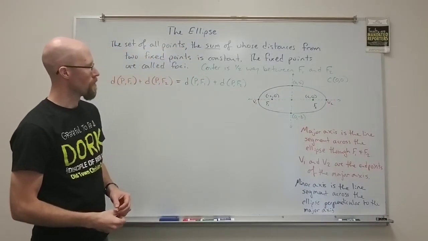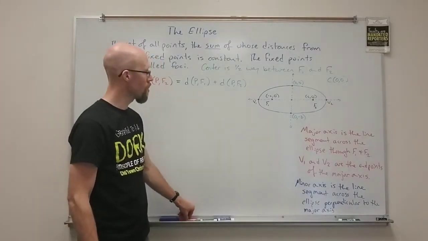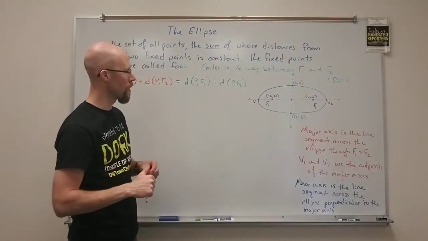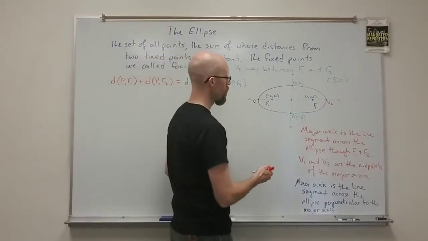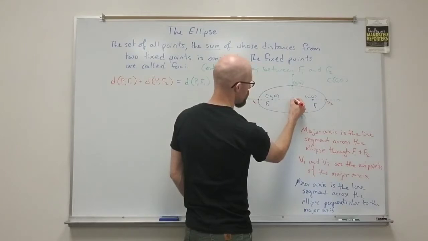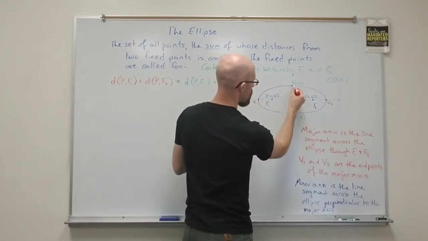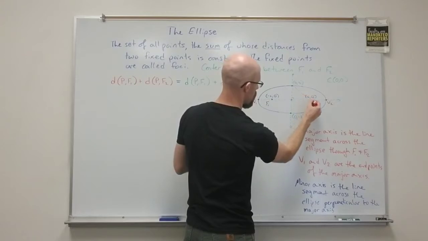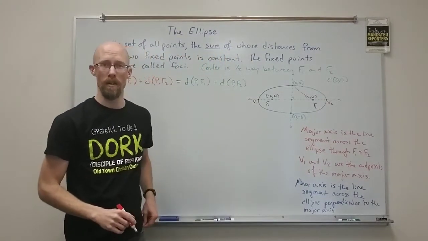Okay, so that gives us some coordinates. Now, there is one other really important feature to this graph, and that is the hypotenuse. If you were to look at a right triangle here, on the minor axis and the major axis, if you were to connect point 0, b to point c, 0, you get a right triangle.